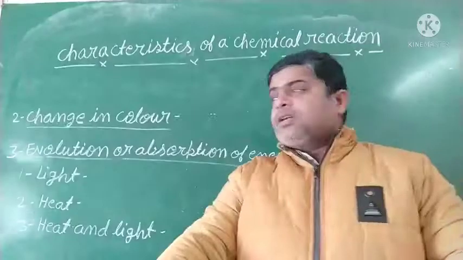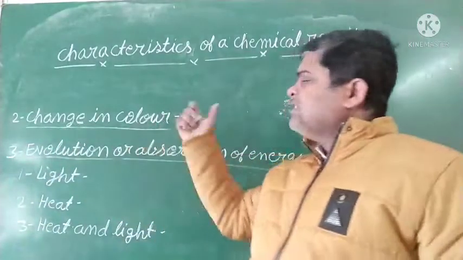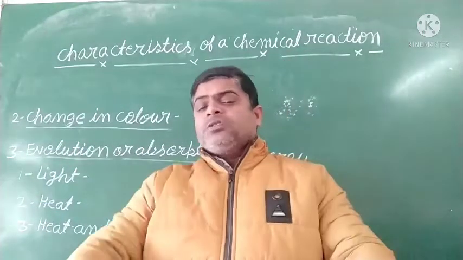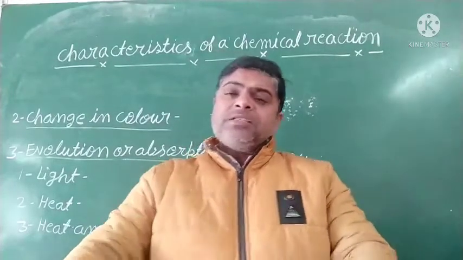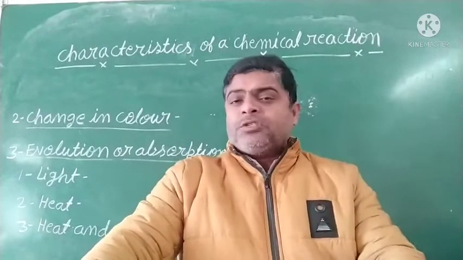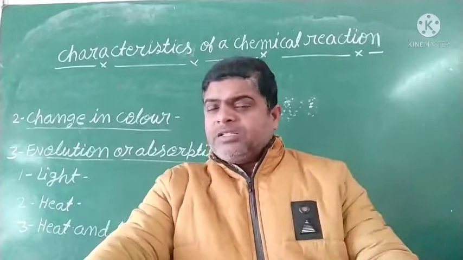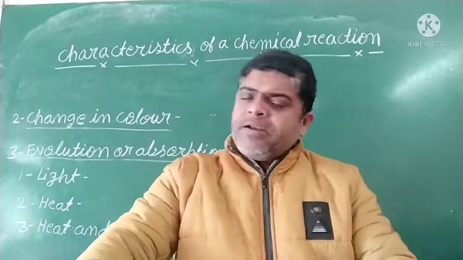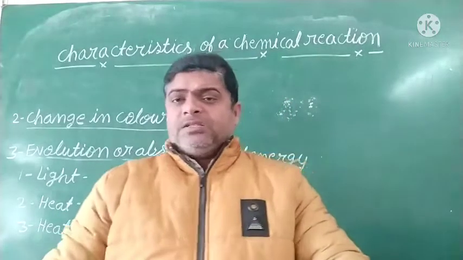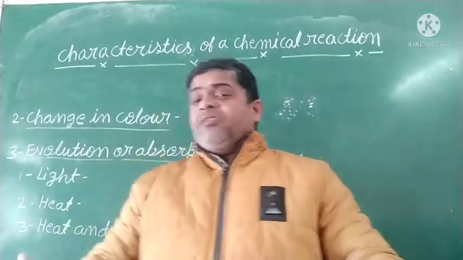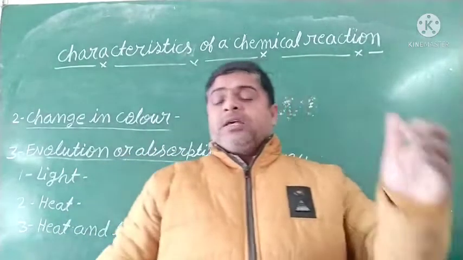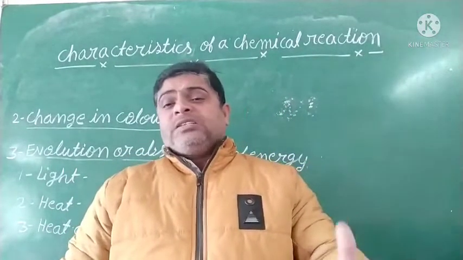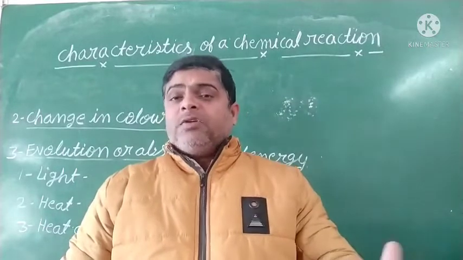Okay student, the next point is the change in color. It is also one property of a chemical reaction. If in any process the color changes and the change is permanent, this is a chemical change. So student, if the question asks to explain the chemical property of change of color with an example, what is the example?